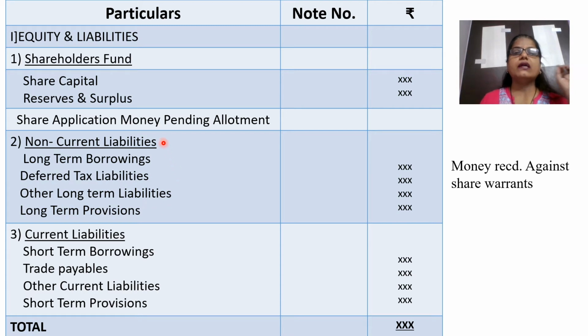So ये non-current liability में क्या आता है, all long-term liabilities like long-term borrowings, other long-term liabilities and long-term provisions. So non-current liability means what? Liability which is to be repaid over a longer period of time. उतना याद रखो, the word long-term.